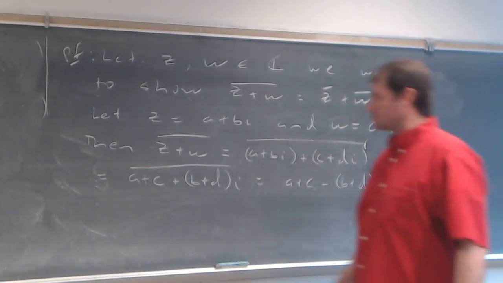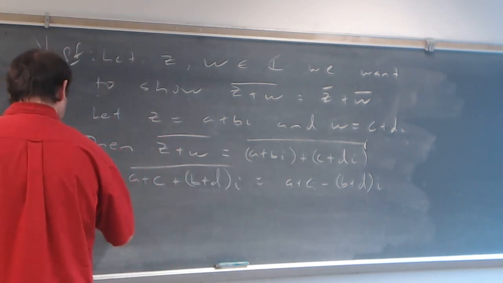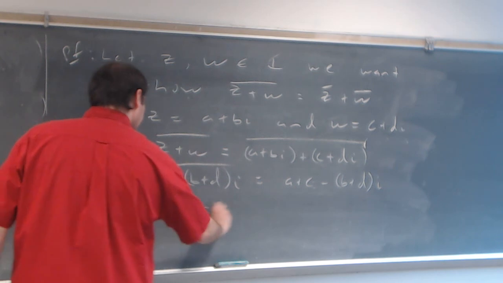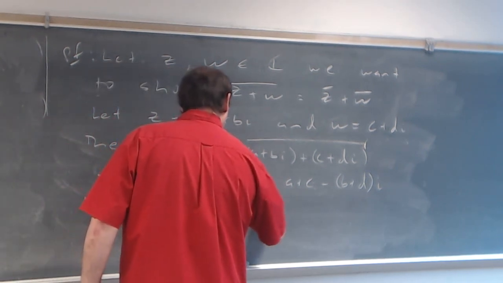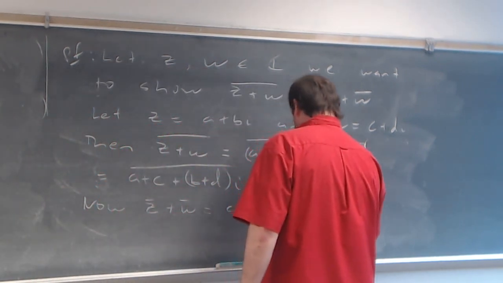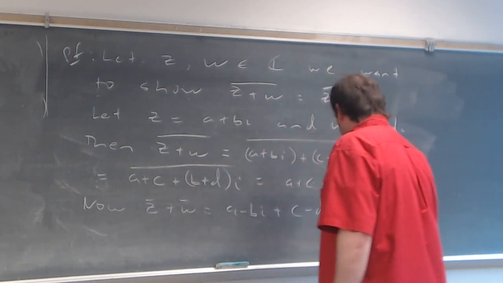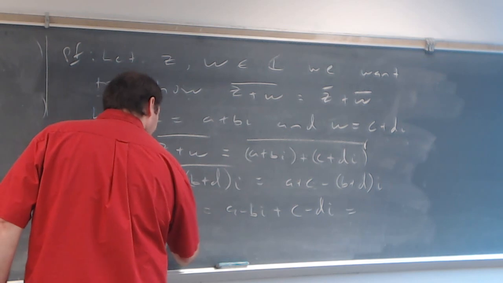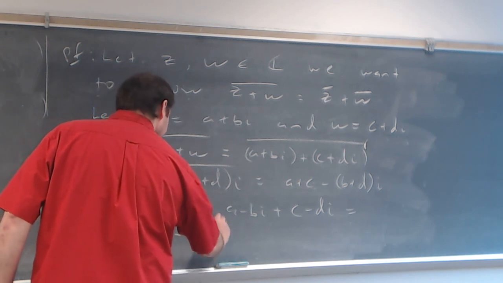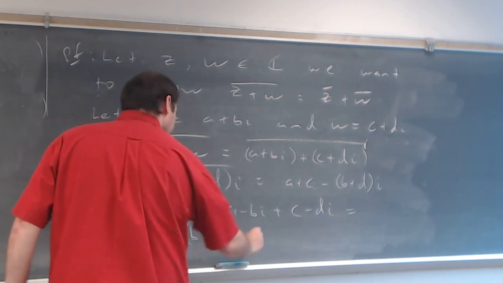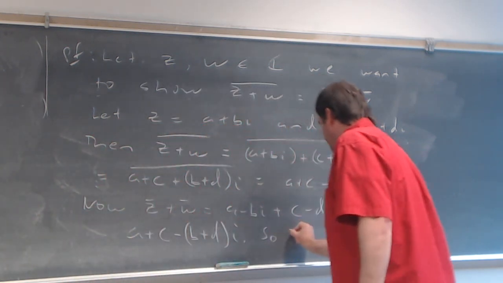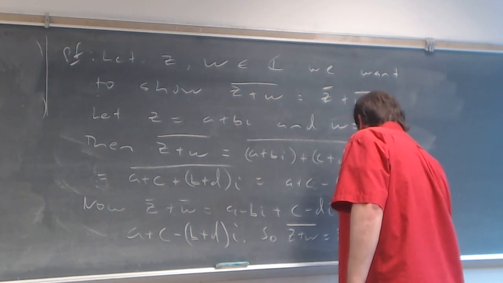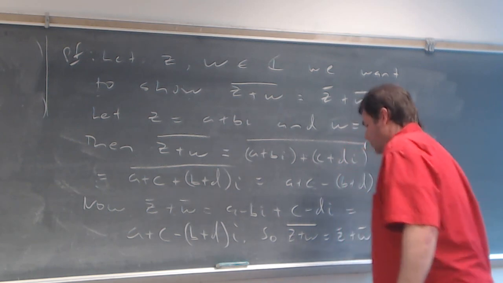Now, Z conjugate plus W conjugate is equal to A minus BI plus C minus DI, which is equal to A plus C minus B plus D times I. So that does it. That shows that Z plus W conjugate is equal to Z conjugate plus W conjugate. And that's the first one shown.